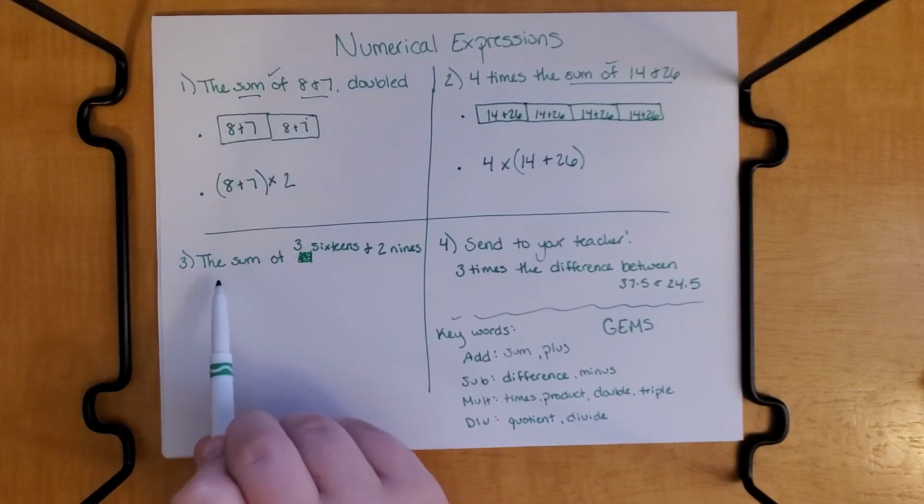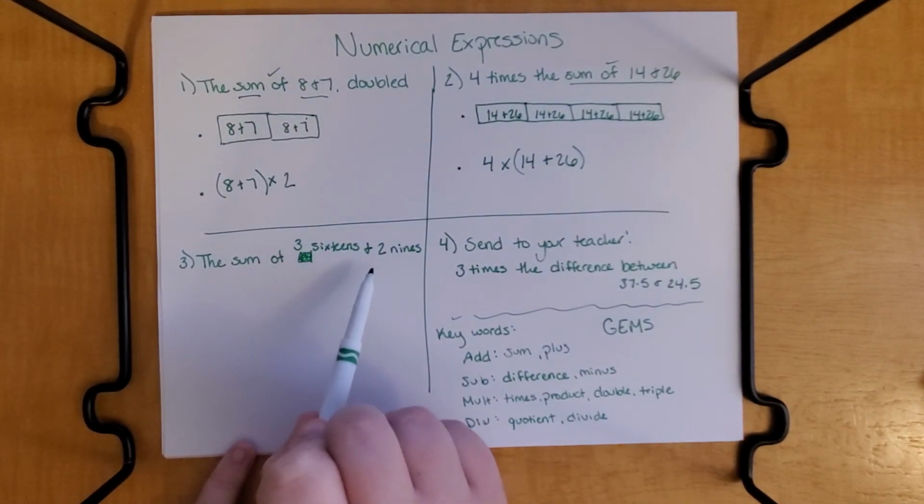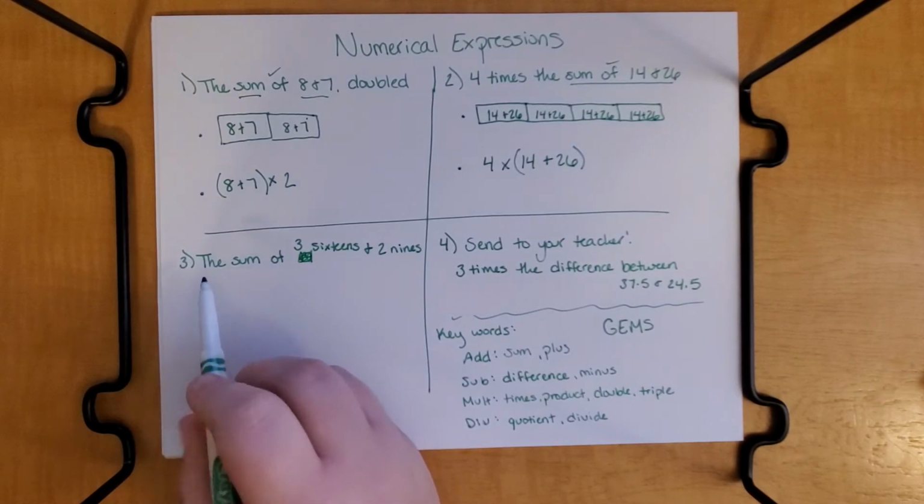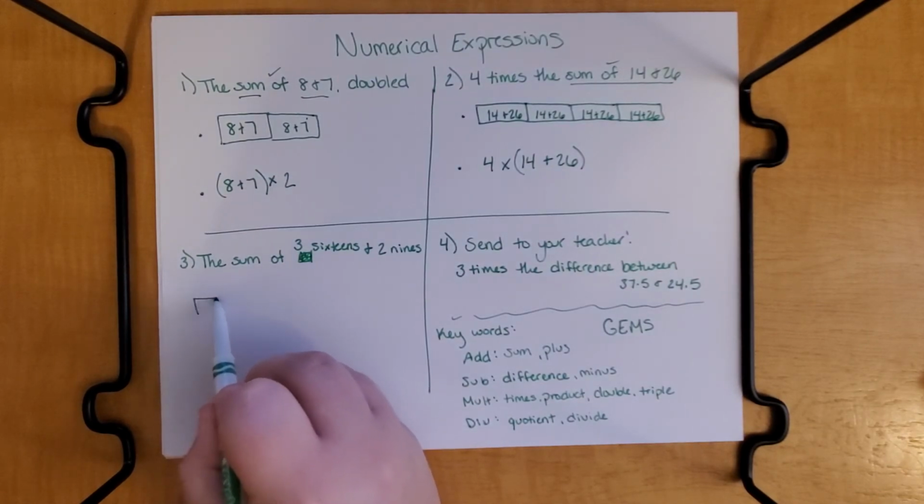This one says the sum of 3 16s and 2 9s. So how am I going to do that? Let's think. I need to have 3 16s.